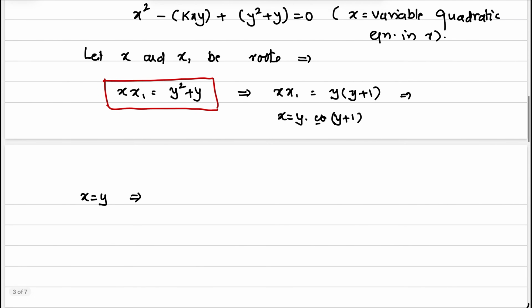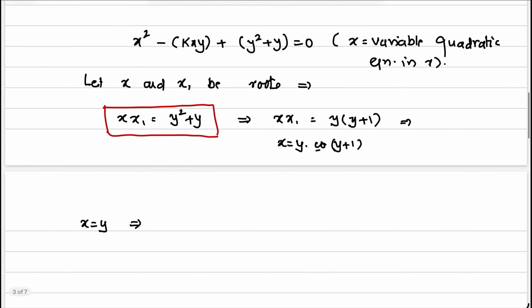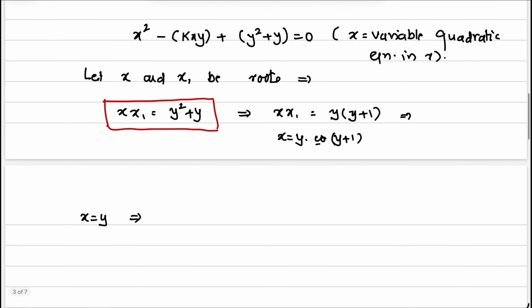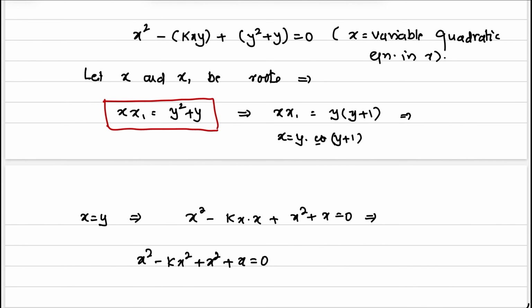That implies x square minus kx into x plus x square plus x is equal to 0. That implies x square minus kx square plus x square plus x is equal to 0.